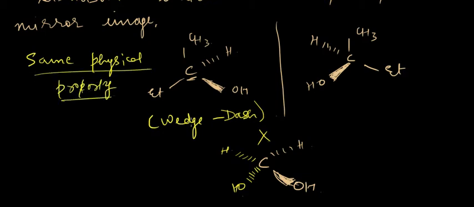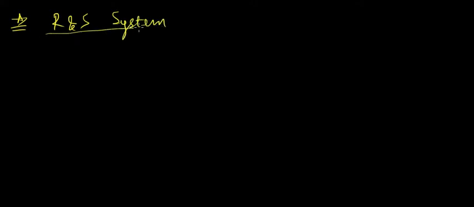Okay, so now before proceeding further, let us see what is the R and S system. R is what is called rectus, and S is what is called sinister.